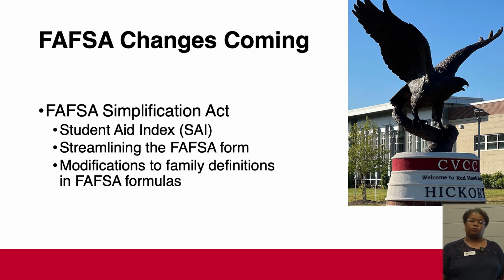So whatever was sent on your tax returns for 22 will be what will be used to determine your eligibility for financial aid in 24-25. And they are removing some questions off the form, such as the selective service question and the drug conviction question, but they are asking you about your race and your sex, which I think those questions are already on the FAFSA now. So you can answer them, you can choose not to answer them, it's strictly up to you.